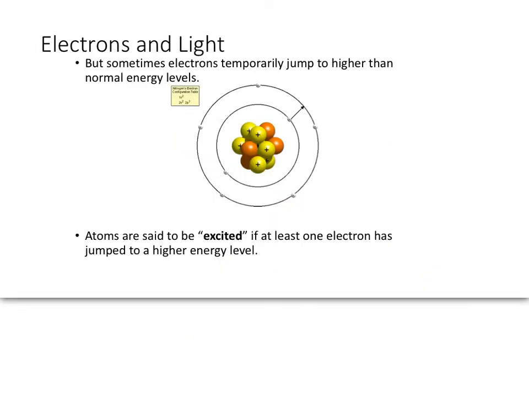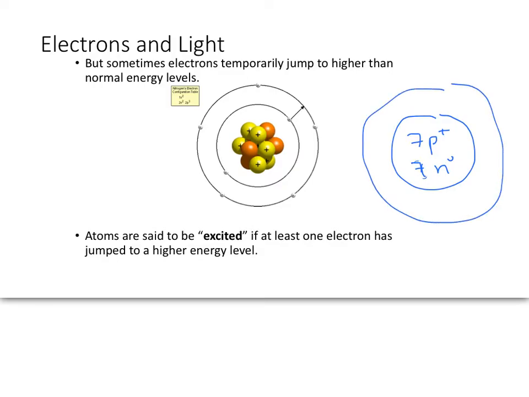Okay, so now when electrons get excited, you put energy into them, they can jump from the level that they're at to something higher. Okay, so for example, if this was an excited nitrogen with its 7 protons and 7 neutrons, one of those electrons from the ground level might jump to the next level, okay?